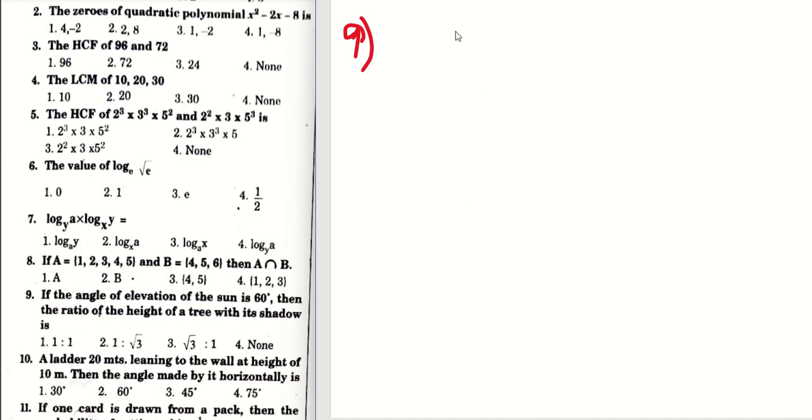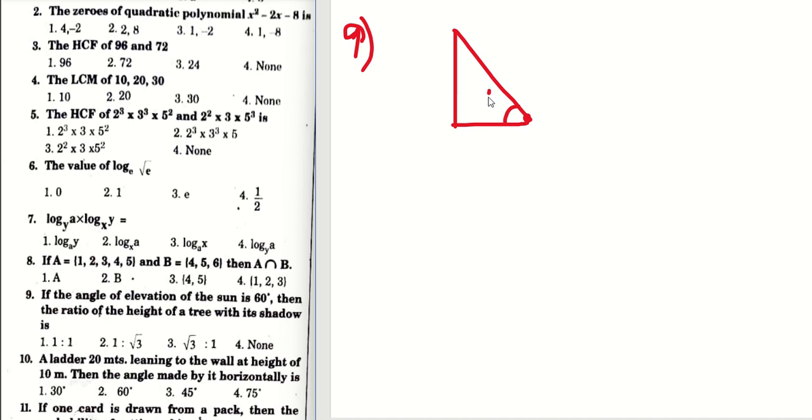So I can take this as a tree. AB is going to be the tree, right? So the angle of elevation, elevation means from here to here. This is the angle of elevation.